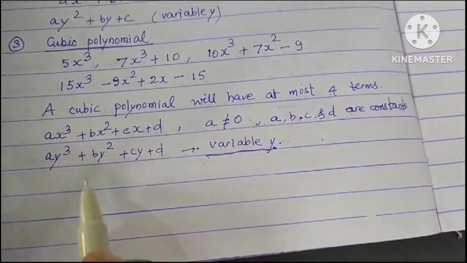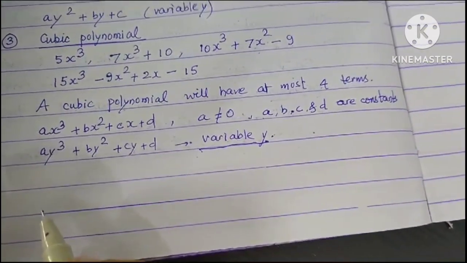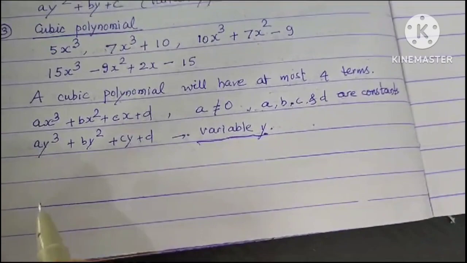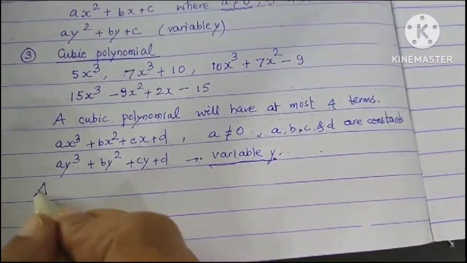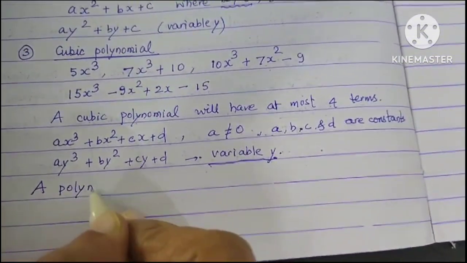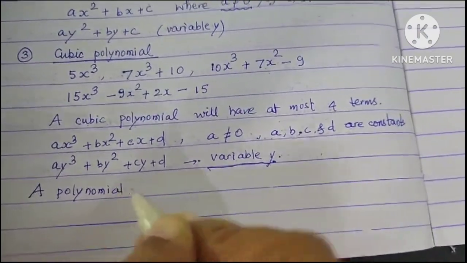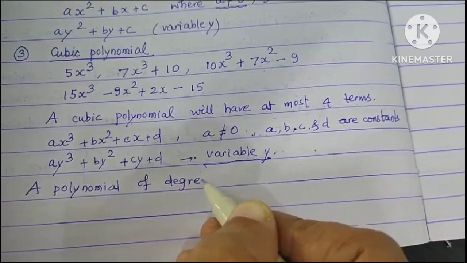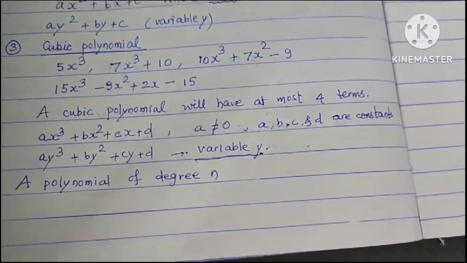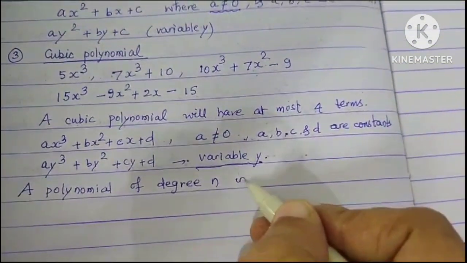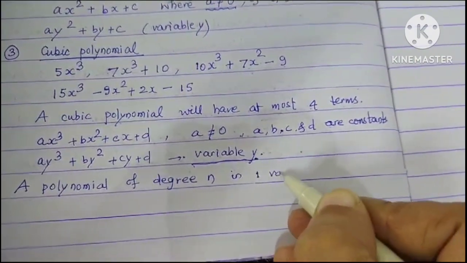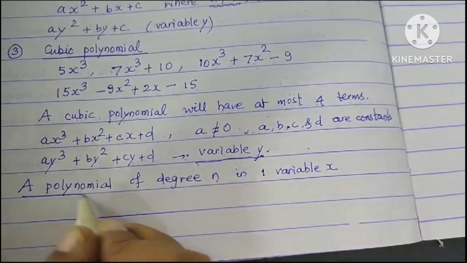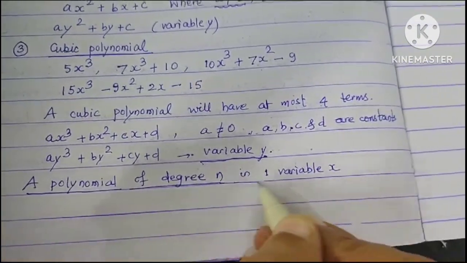Now let us write the general expression of a polynomial of degree n, in one variable, let us suppose x.